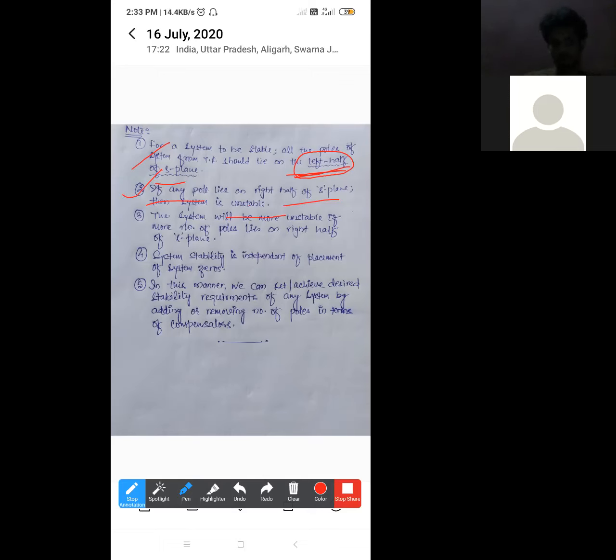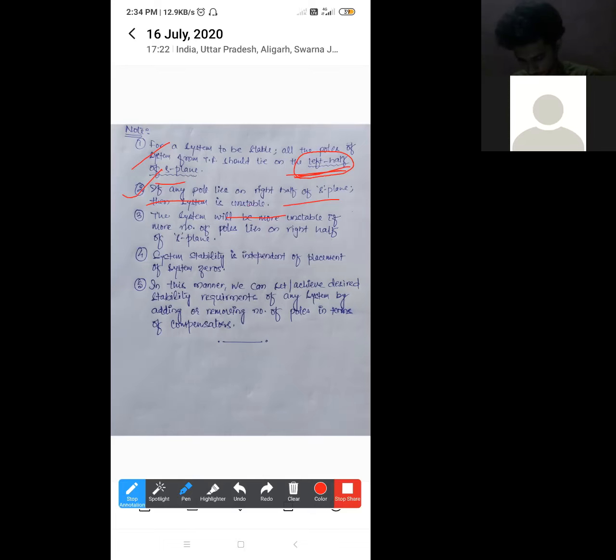Because two poles are lying on the right half of the S-plane. Just consider another system whose three poles are lying on the right half of the S-plane. So this system is also unstable because three poles are lying on the right half of the plane.